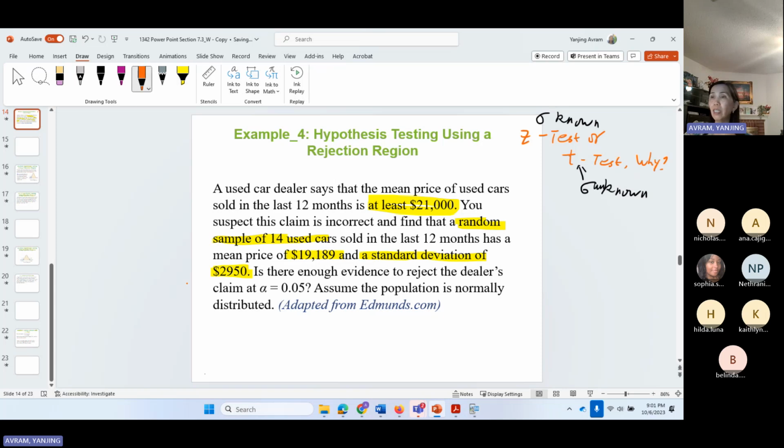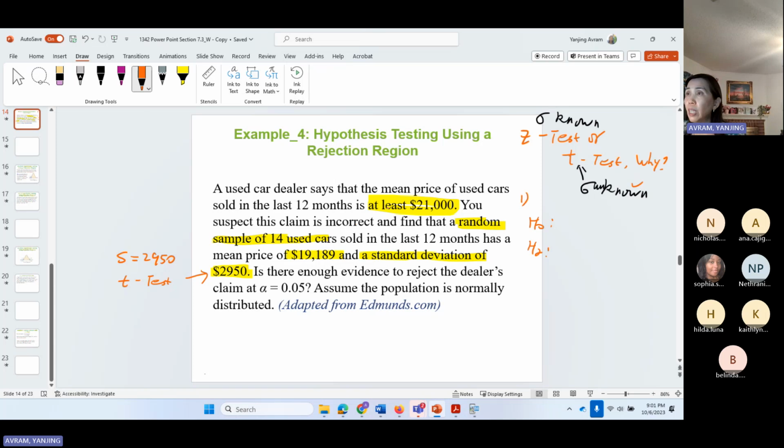So apparently this standard deviation is the sample, not a sigma. Sigma is unknown, so therefore we use the t test. Okay, we use the t test in here. All right, so now we're going to write down the null and alternative hypothesis, because this is important, since we have to use that one to make the final decision, right?